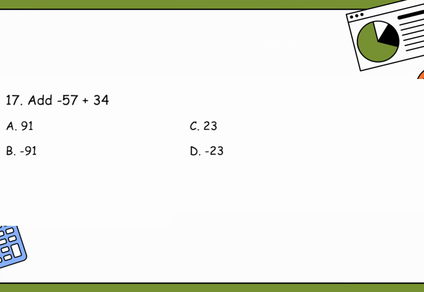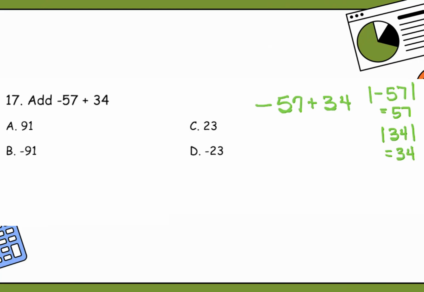Question 17, we're going to add negative 57 and positive 34. We remember that when we have integers with negative signs, we have to look at the absolute values of these integers. So the absolute value of negative 57 is 57 and the absolute value of positive 34 is 34.